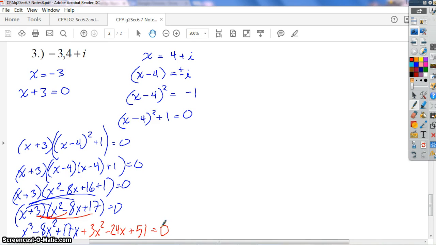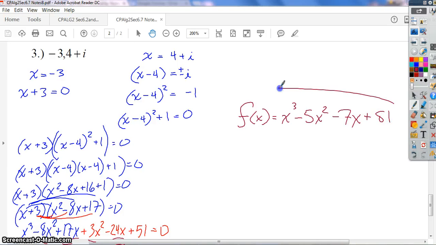Okay, so my final problem, let's see, what do we have as the highest? x cubed, followed by my squared terms, they make -5x squared. And then I have my x's, that's -7x plus 51. That's a horrible 5, isn't it?